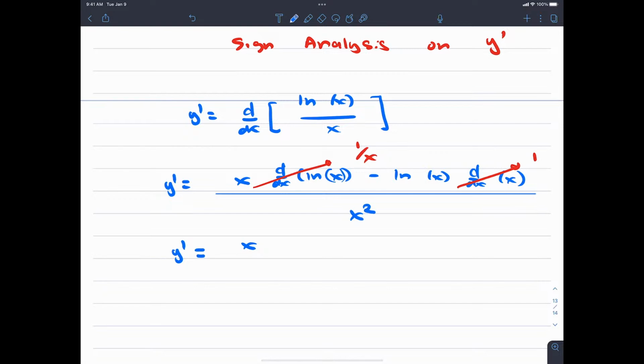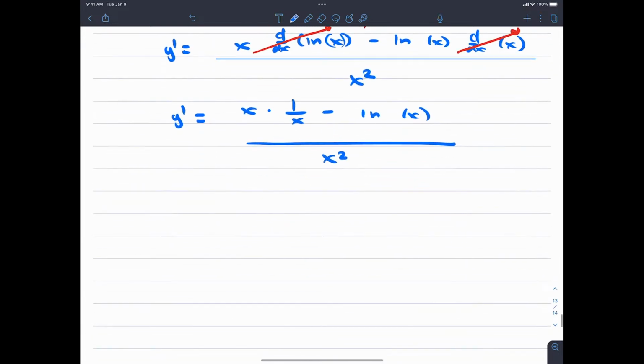Y prime is x times 1 over x minus natural log x, over x squared. And this now gives me, ladies and gentlemen, 1 minus natural log x over x squared.